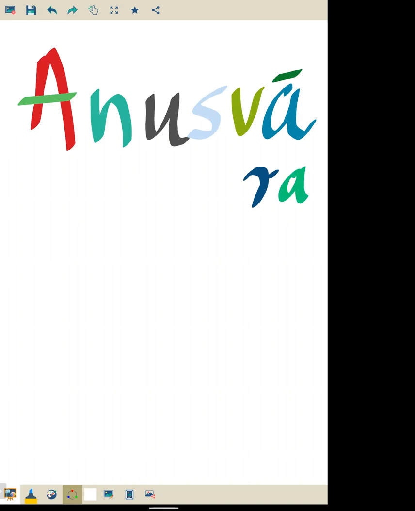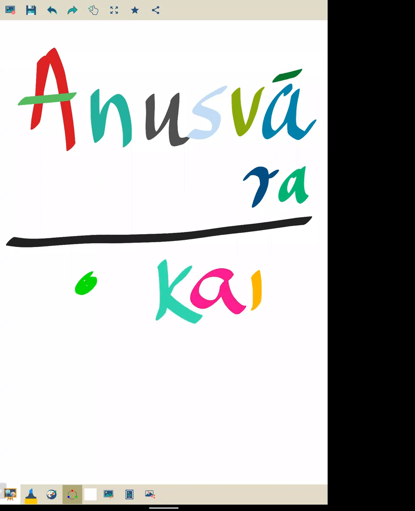Anuswara. The Anuswara is like a dot. So we can say "kam". Sometimes the Anuswara is a little bit distant from the letter.